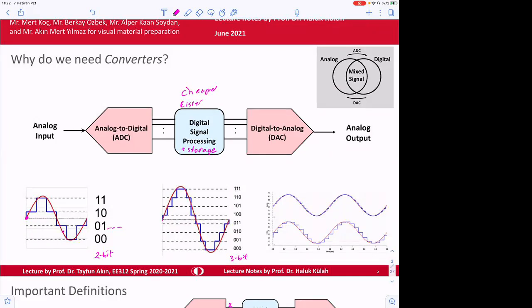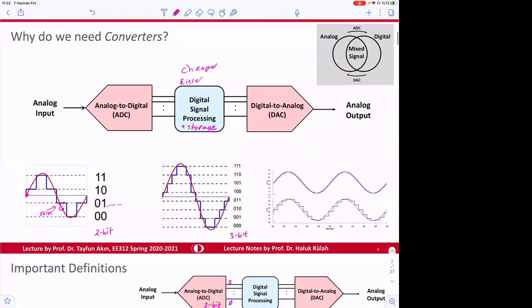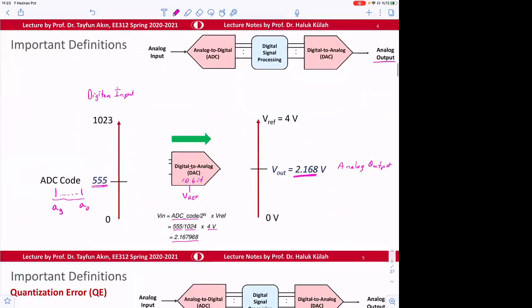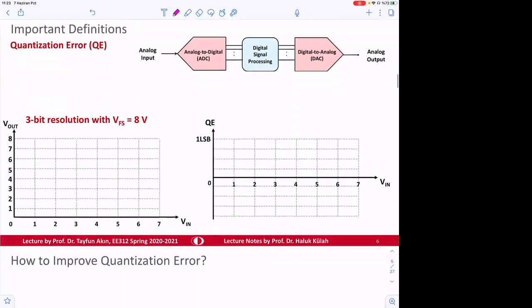This signal here is represented with this, so there's an error here. For this one, it's good. It's exactly the same, but there's always going to be an error in these representations.